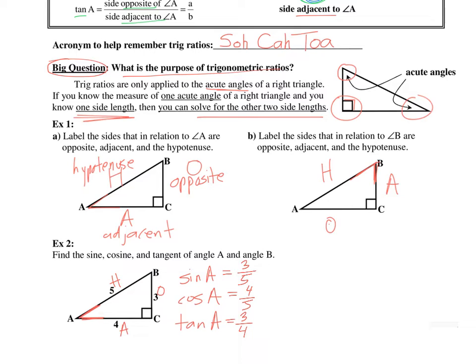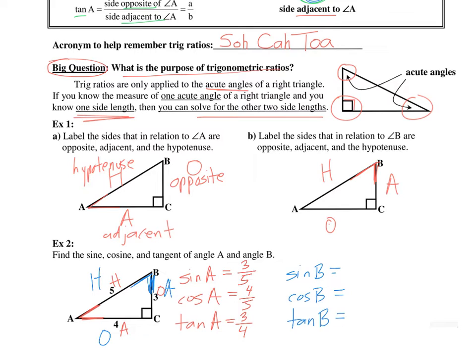Alrighty? Now we're going to apply the trig functions to angle B. Sine of B, cosine of B, and tangent of B. Okay? So sine of B, working with B now. So the hypotenuse stays the same, but now the 4 becomes your opposite and the 3 becomes your adjacent. See how you really have to know what you're doing here when it comes to labeling?